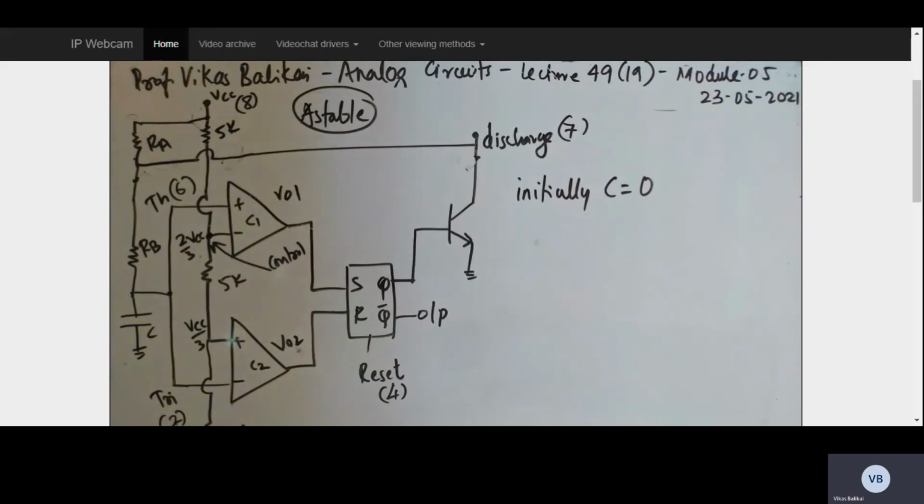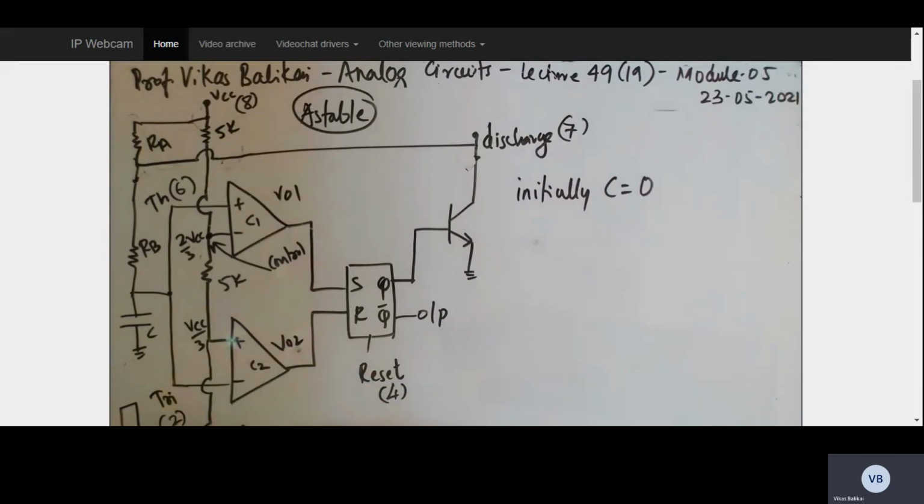Initially, let's ensure the capacitor voltage is 0, or the capacitor is empty. And here, let's apply the trigger voltage. The trigger voltage is a small pulse which I apply over here. Initially the inverting terminal will be at 0 volts, and the non-inverting terminal will be at plus VCC by 3.